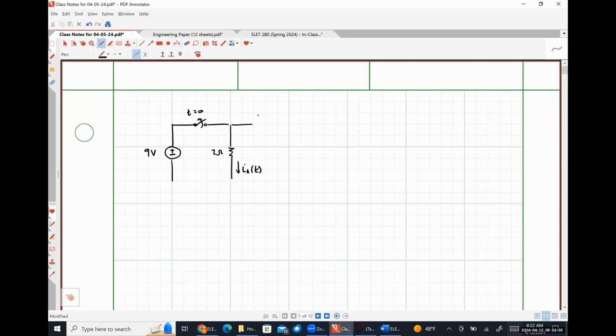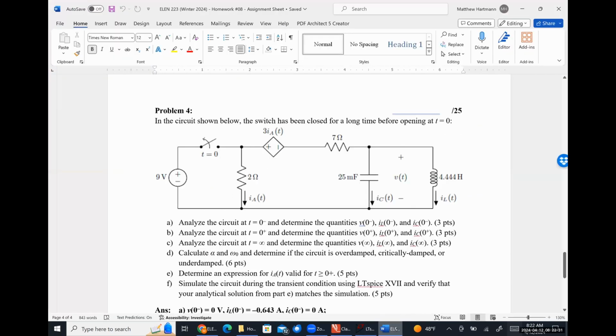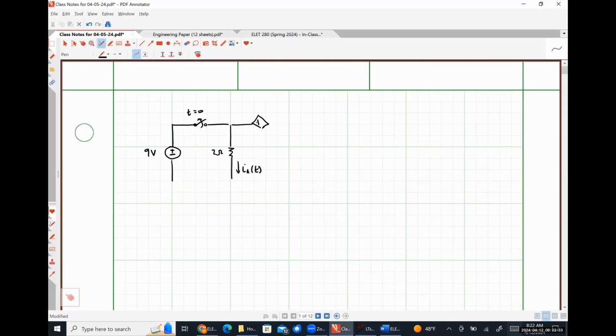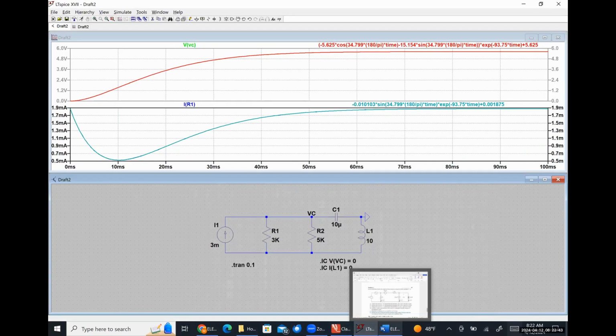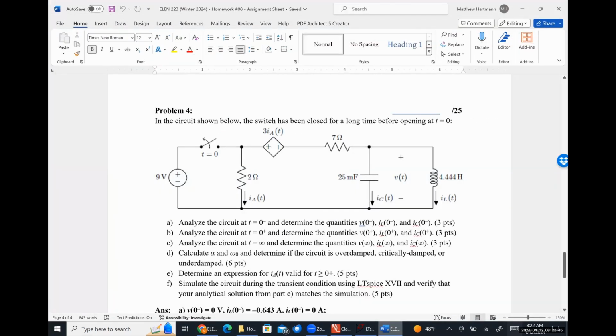Then I have here a dependent source that is positive polarity on the left, negative on the right, 3 IA of T. 7 ohm, 25 millifarads.